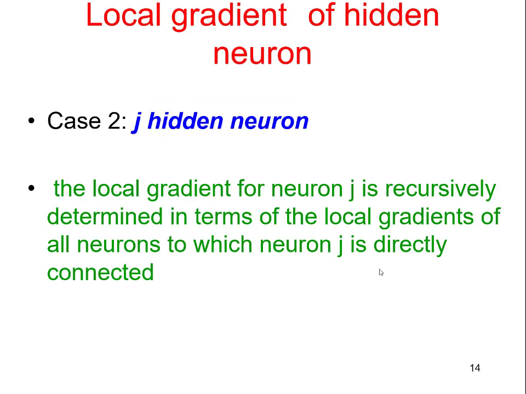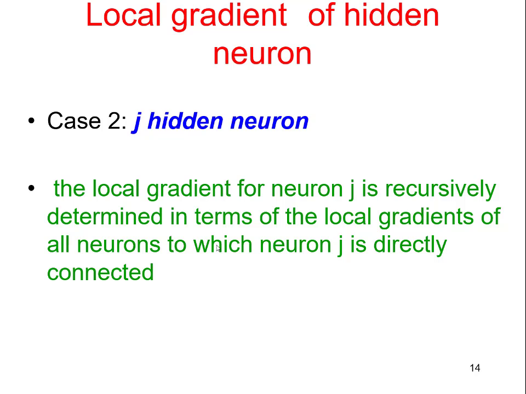Okay, so let's move to the next one: if the neuron is hidden, how will it be computed? If the jth neuron is a hidden neuron, the local gradient for neuron J is recursively determined. What we have seen so far is for the output layer neurons.